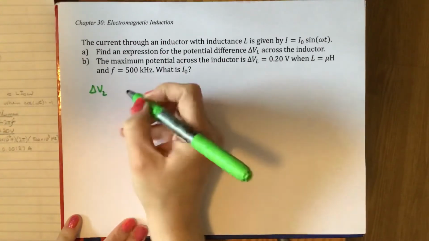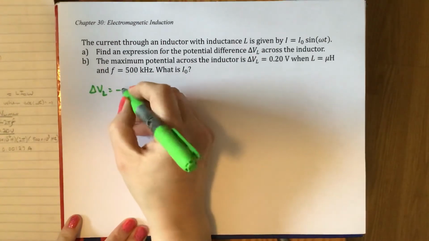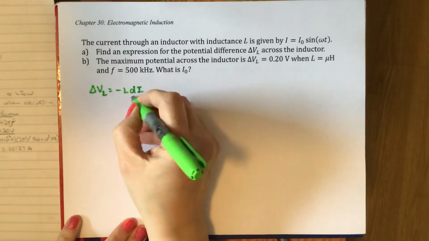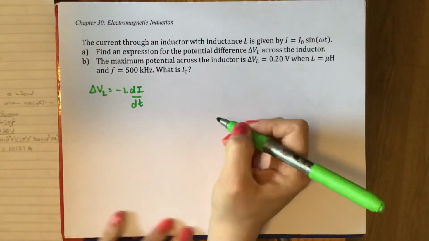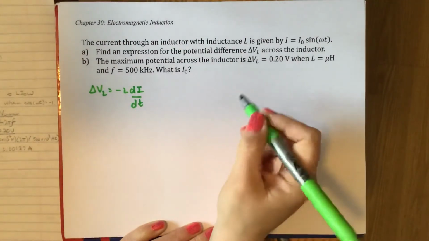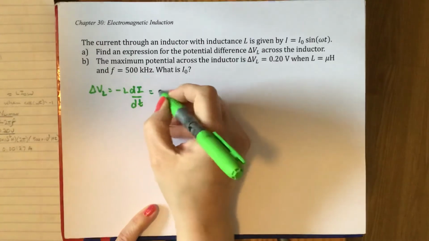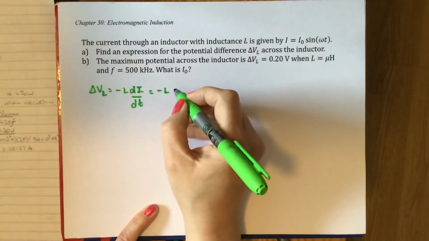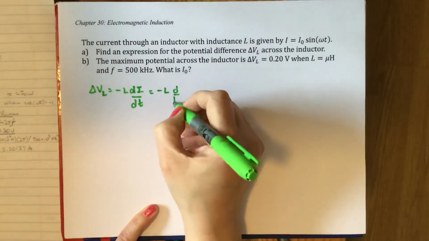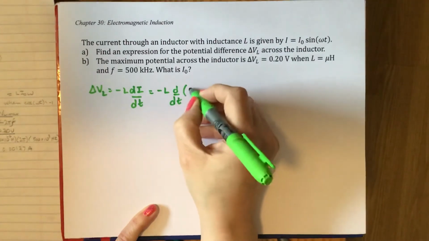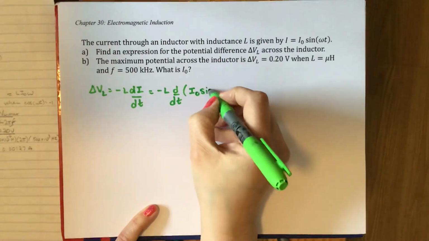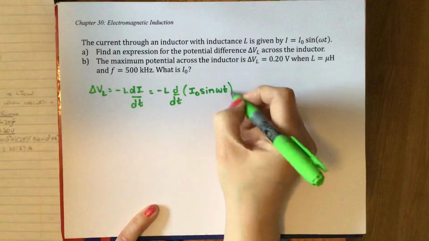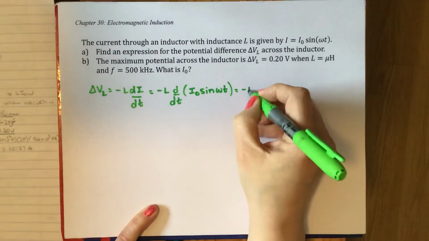Delta V across an inductor is equal to minus L di dt. This time our current is a function, so we'll put in our function. We're able to take a derivative. So minus L d by dt of I0 sine omega t. We can take our I0 out front.